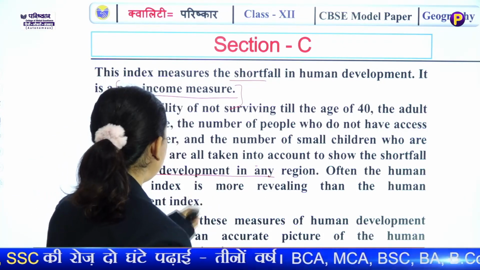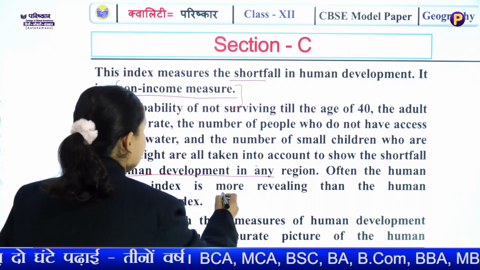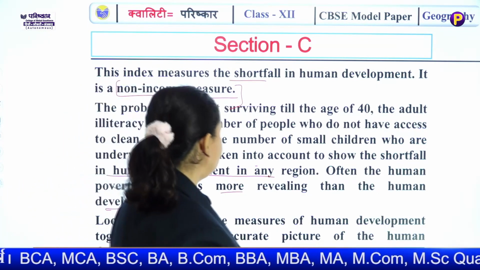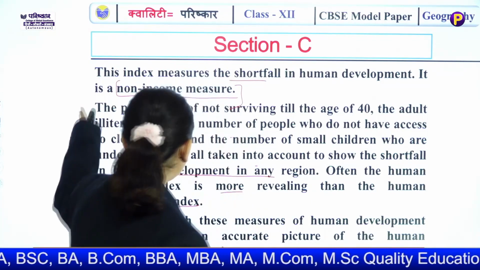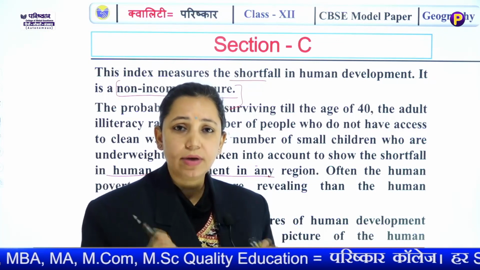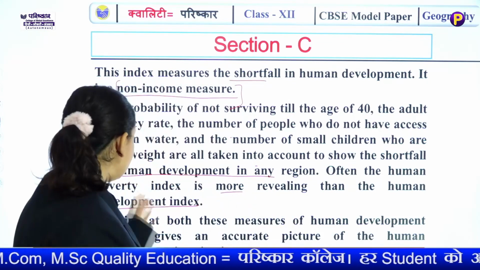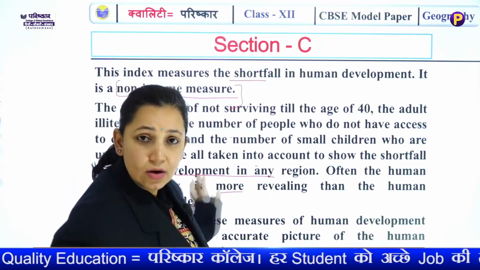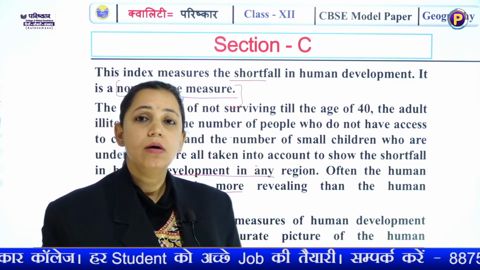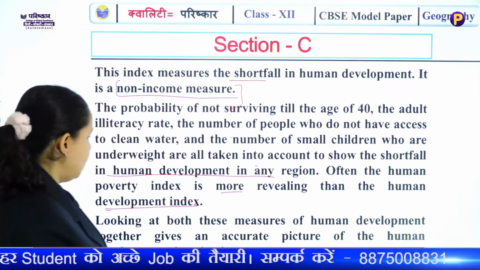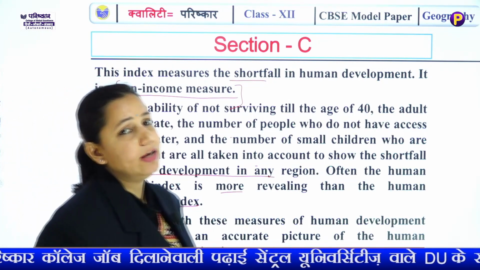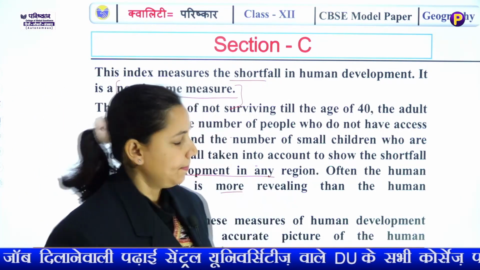Often the Human Poverty Index is more revealing than the Human Development Index. Of course, all these parameters are very important to judge whether the society is really developed or not. So we can say by looking at these parameters that the Human Poverty Index is more revealing. So here the human poverty index gives a more accurate picture of the development of a country.